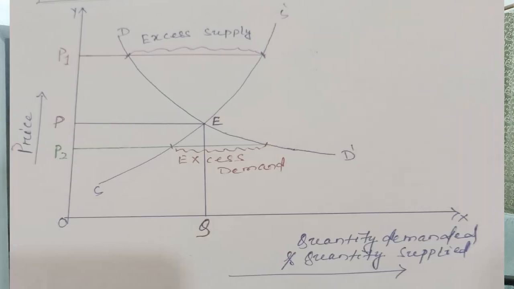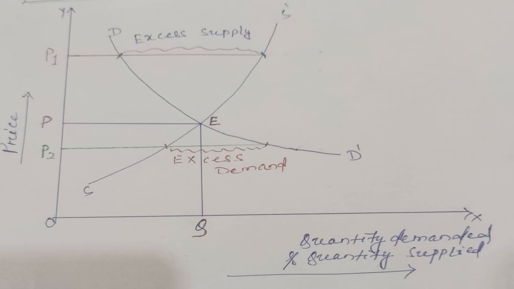In the reverse case, suppose the price comes down from OP to OP2. In that case, in the diagram we have shown the portion of excess demand, that is, the quantity supplied falls short of the quantity demanded by the consumers. So, there will be competition among the buyers.